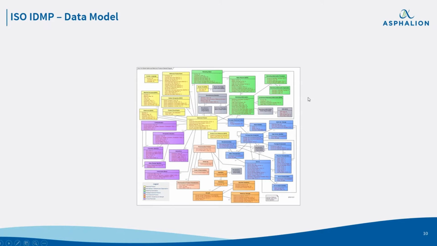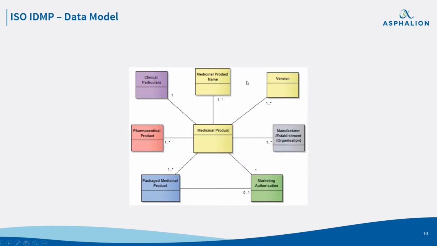This is a lot of information and different granularity on how we should identify and define our product. But just to make it a little bit simpler, we can see that our medicinal product is composed of different, let's call them blocks now, in order to make it easier. We have all these links to the different organizations that are affecting our product.